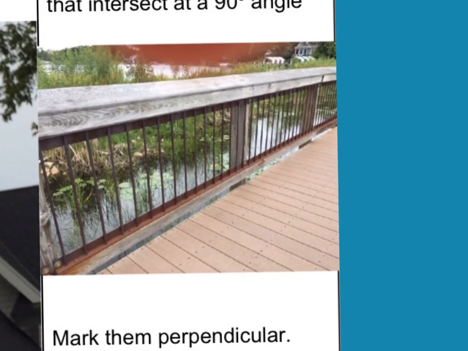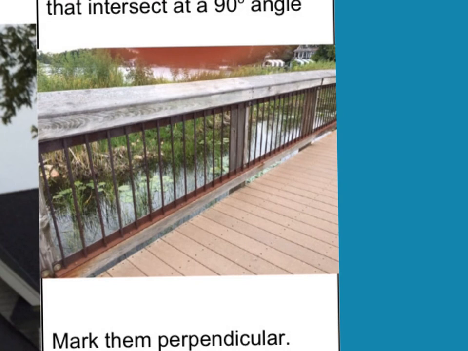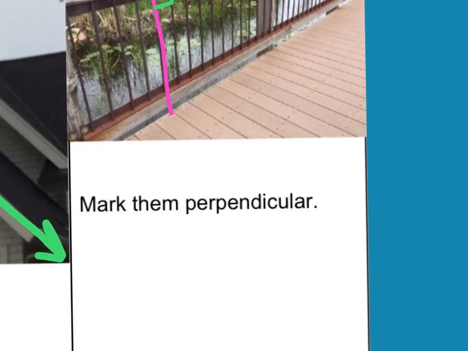Perpendicular lines, or lines that meet at 90 degrees, can be marked using this notation. A little tiny square in the corner. Now in the picture, it maybe doesn't look like those lines are perpendicular because of the perspective, but I am showing you with that 90-degree mark that they are indeed perpendicular.